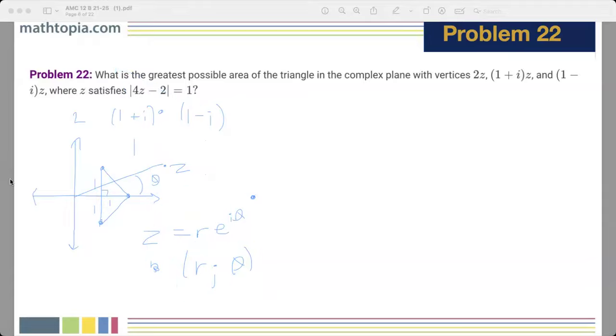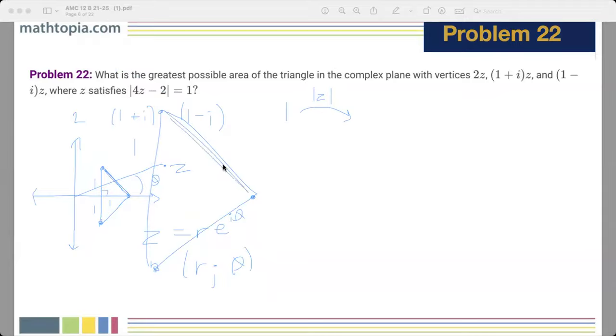So, once again, just to reiterate, what's happening to the triangle is we're taking a triangle that has area 1, then we are scaling it by a factor of absolute value of z, right? So the original two side lengths here were root 2, and this length was 2, right?